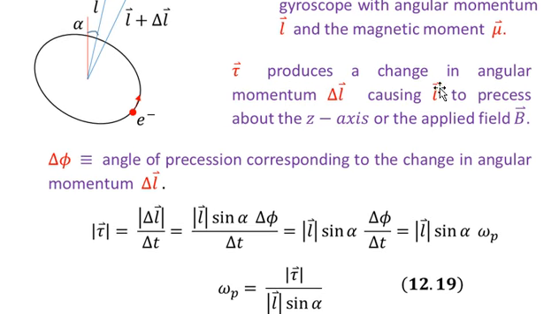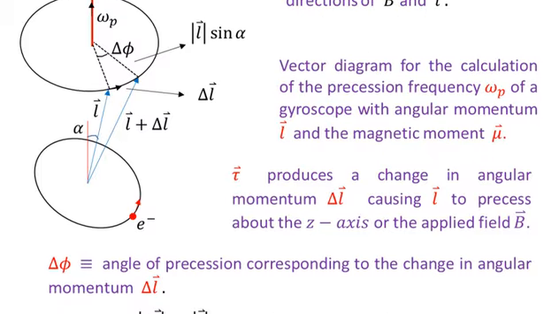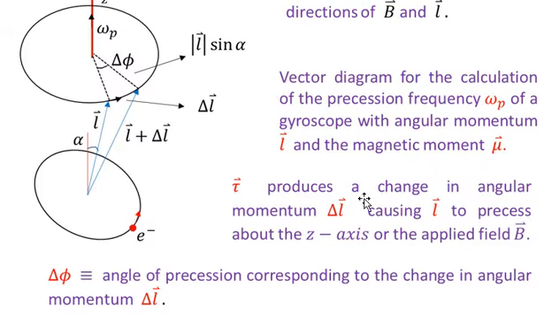So tau produces a change in angular momentum delta L. You see that this change in the angular momentum delta L is due to tau, because we have placed the atom in the presence of the magnetic field, and the magnetic dipole moment of the electron will experience a torque, and the torque will produce a change in the angular momentum delta L, and the delta L will start its precessional motion due to the torque tau, causing L to precess about the z direction or the applied magnetic field B.